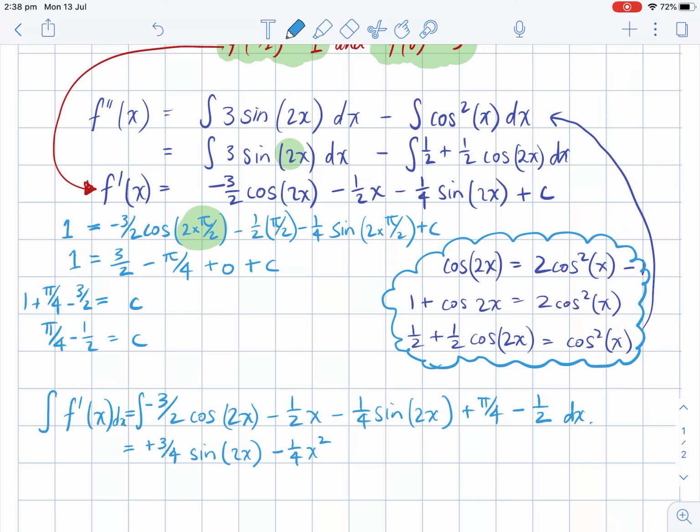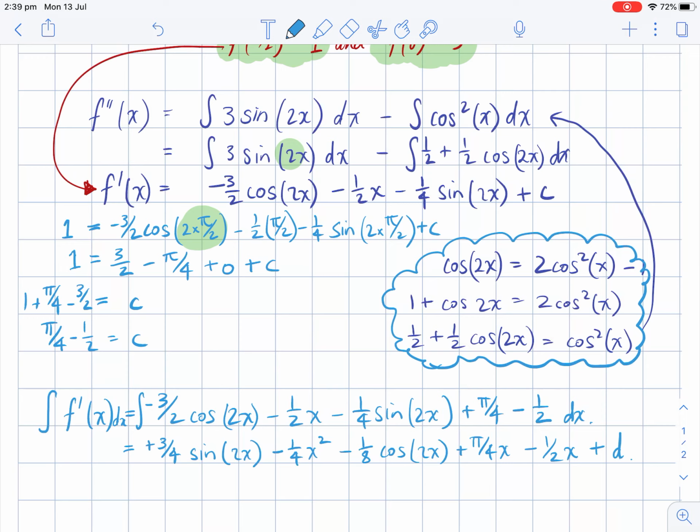The antiderivative of negative a quarter sine 2x is, and I've got to divide by whatever's in front of x, so it becomes 1/8 cos 2x, and then plus pi on 4 x minus a half x. That's a lot of function, and the last thing I've got to add to there is the constant of integration. Now I won't call it c because I used c already. I'm going to call it d this time.